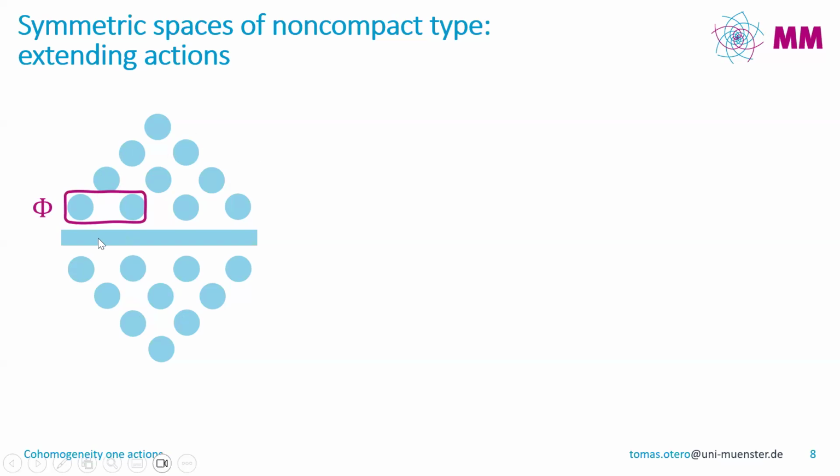We consider the decomposition of the isometry Lie algebra, the root space decomposition, and we take here phi to be a subset of simple roots. And we define now a series of subalgebras which get kind of technical, but don't worry too much about them.